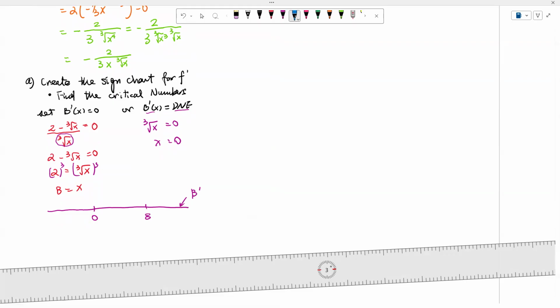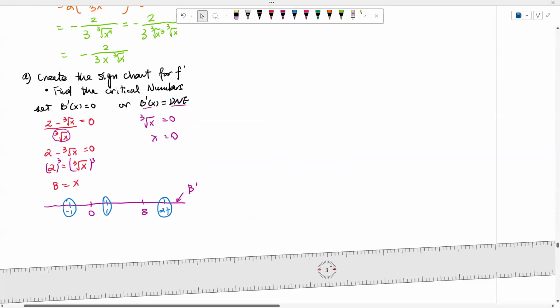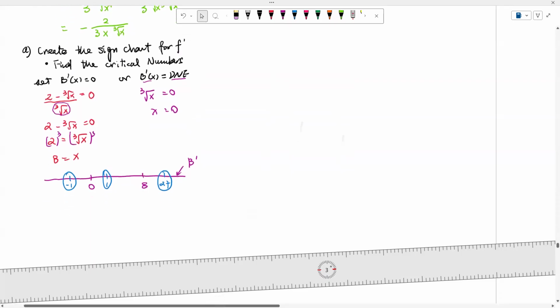Then what I need to do is choose numbers, for example, -1, 1, and maybe 27. The reason for 27 is that we need to work with the cube root, right?